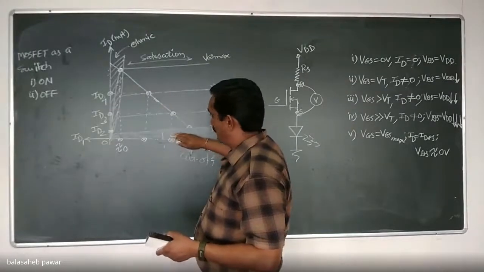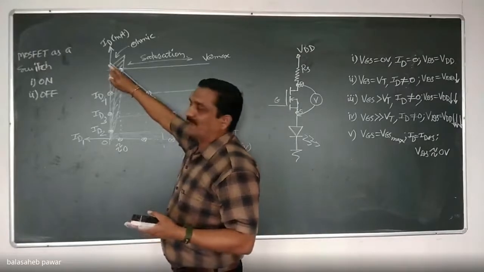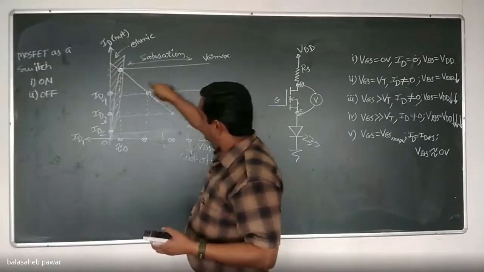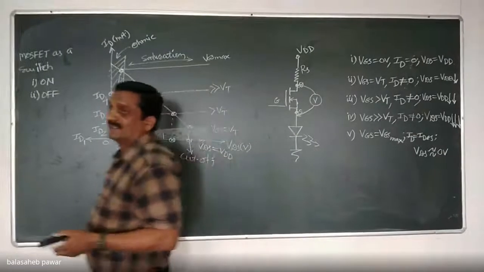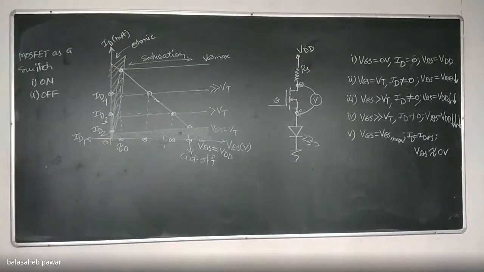Whenever that switch is off, if we have to turn it on, it should get on directly into the ohmic region. It should not remain within this region. If it remains within this region, that means it will operate in the saturation. Load will get operated, no issue. But what will be its disadvantage? There will be more voltage drop.